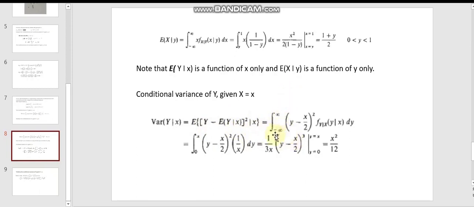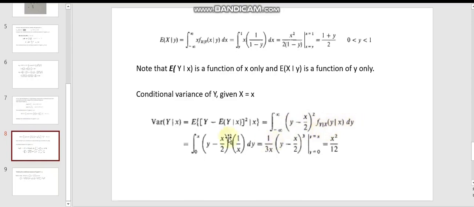So this would be equal to the integration from minus infinity to infinity of y minus x divided by 2, where x by 2 is the expected mean of y here, with its square, multiplied by the conditional PDF of y given x.